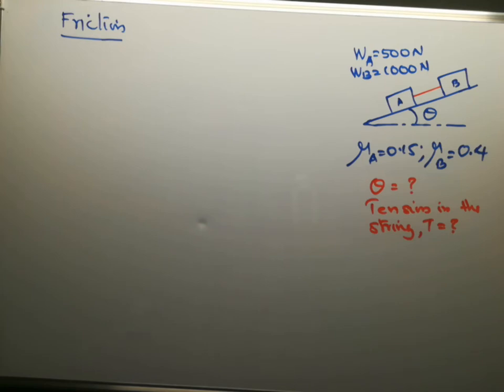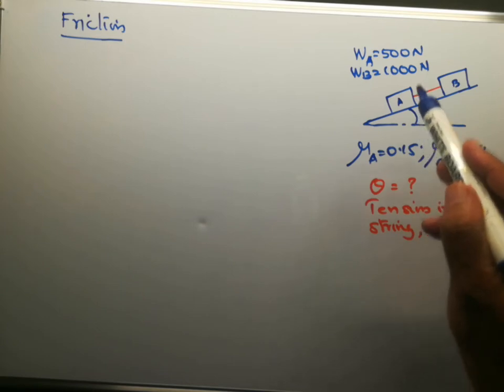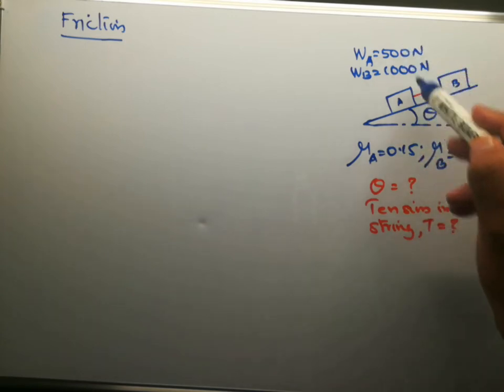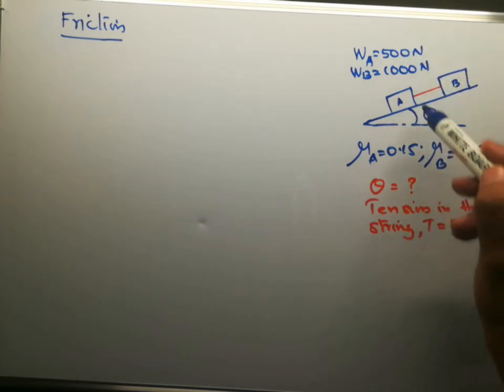To solve this, what we can do is we will resolve the forces acting on the body in two mutually perpendicular directions. That is, one direction will be parallel to the plane and the other will be perpendicular to the plane, that is 90° to the plane.